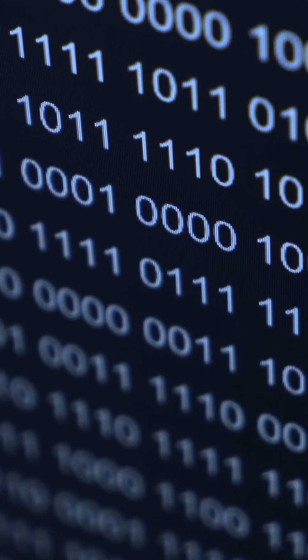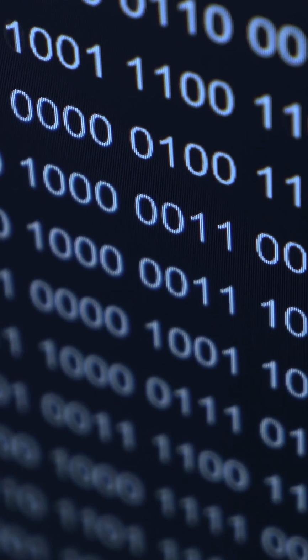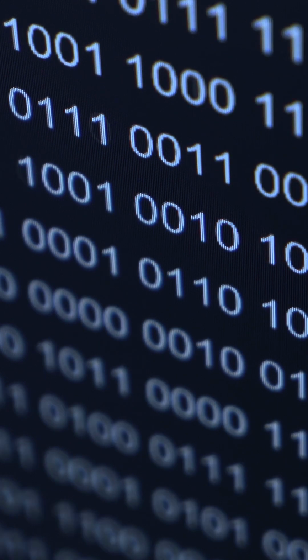So I want you to represent the combination of 1, 0, 0, 1 as a tennis ball, and the combination of 1, 1, 1, 0 as a taco." So the computer says, "Okay, from now on, 1, 0, 0, 1 is a tennis ball, and 1, 1, 1, 0 is a taco."